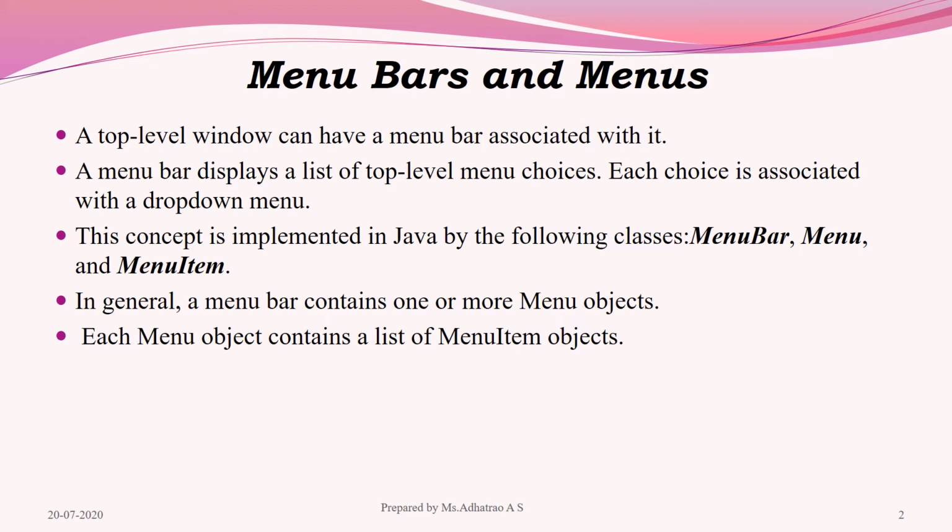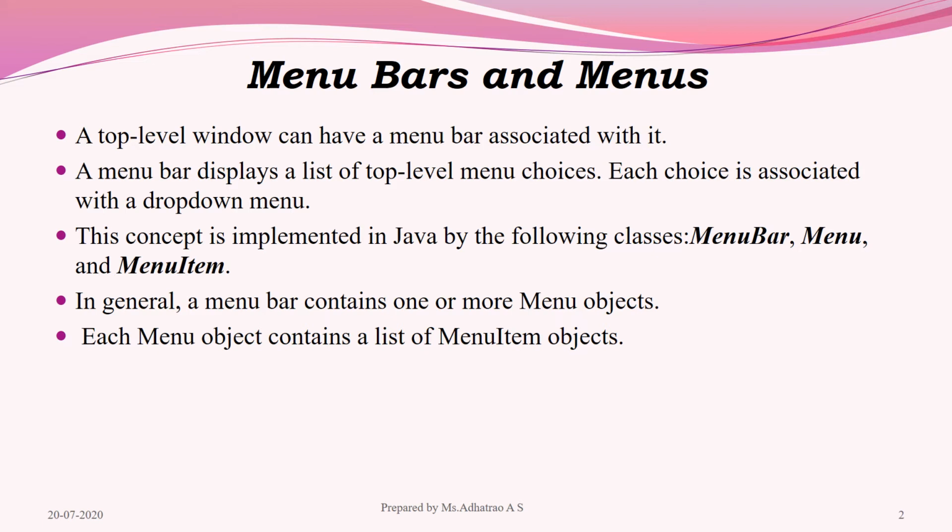For example, we see there is the option File. In that File option, there are many options such as Save, New, Open. So these are called menu items and menu. This is one example of menus.